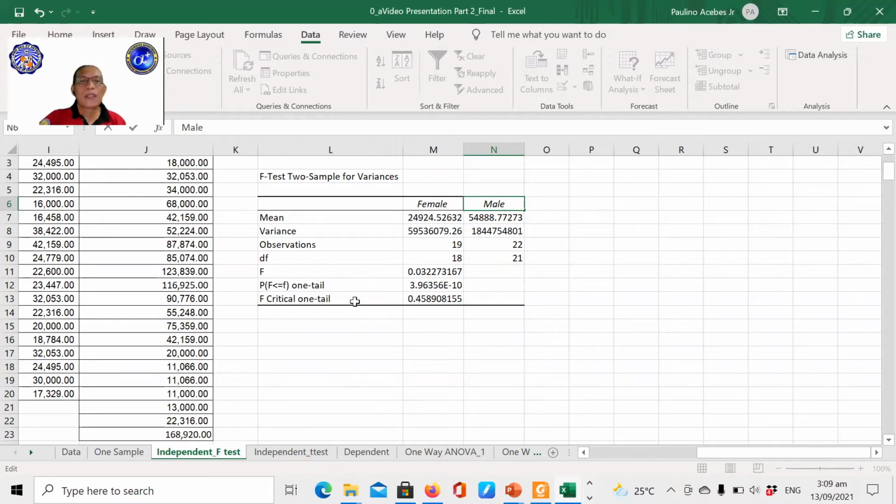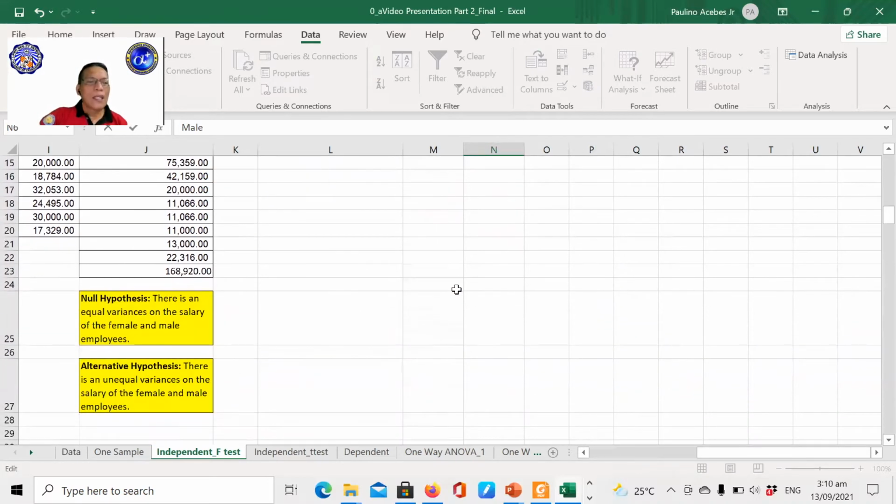You notice that the p-value here is a scientific notation with -10. What do you mean by this? If you check, this is almost zero. So you will notice that the p-value here is less than the alpha.